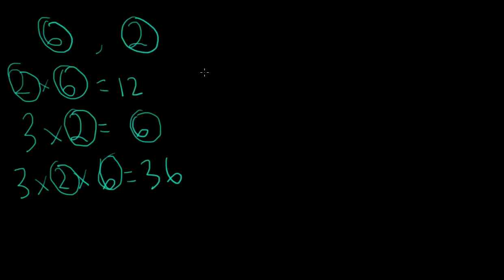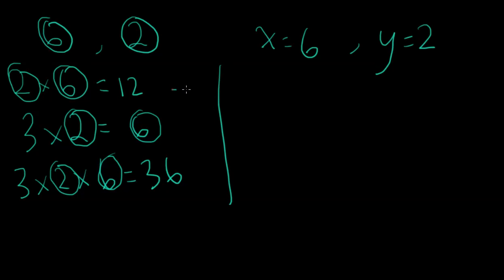Just for illustration purpose, say for example now you have two different letters, X and Y. And from the offset, I tell you X is equals to 6 and Y is equals to 2. Now, can we then replace all of these numerical values with letters instead?